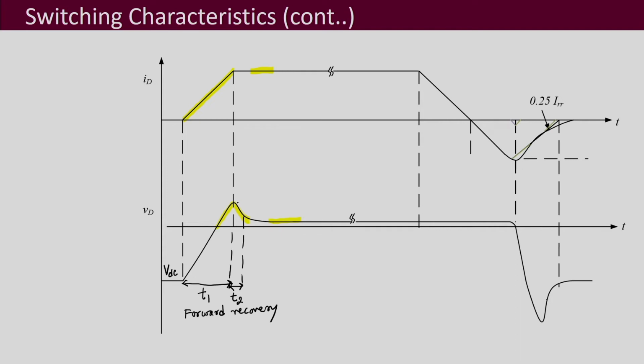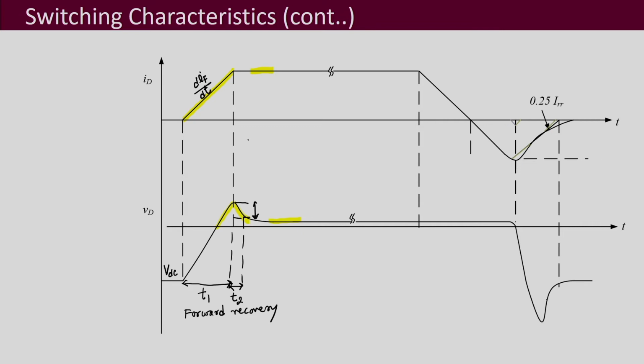That overshoot may be of the order of 30 to 40 volts in some cases, and this may become a problem in some circuits. It is also associated with the rate of change of the diode current, that means the rate of rise while it is going into the forward biased mode. This slope we can name as dIF/dt.